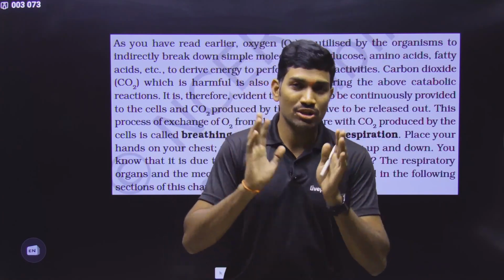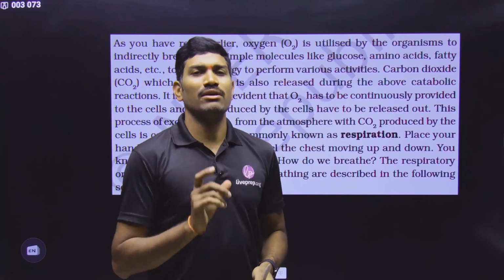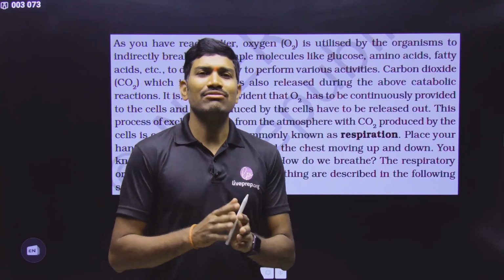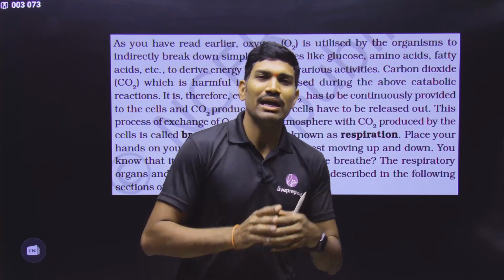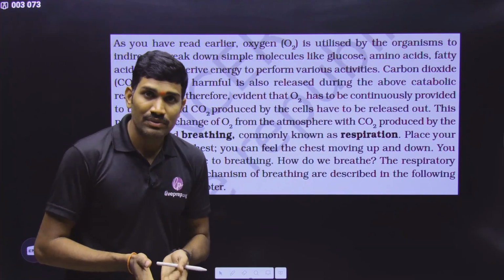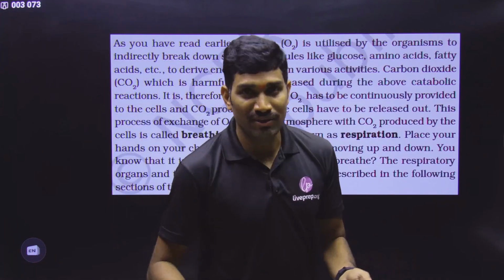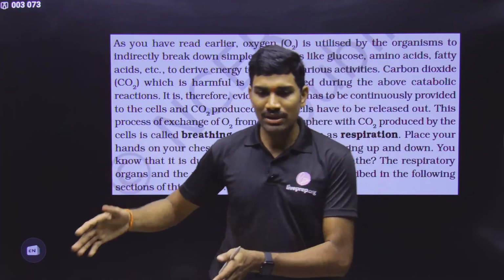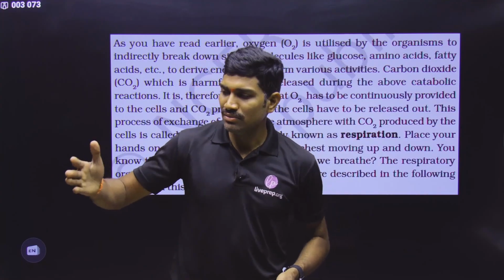Even though we are focusing on the human, in our syllabus, in one paragraph, they gave some generalized idea about all the animals. If you are talking about the animal kingdom, so many phyla are present, but all the animals are not the same. Some are called invertebrates, some are called vertebrates.